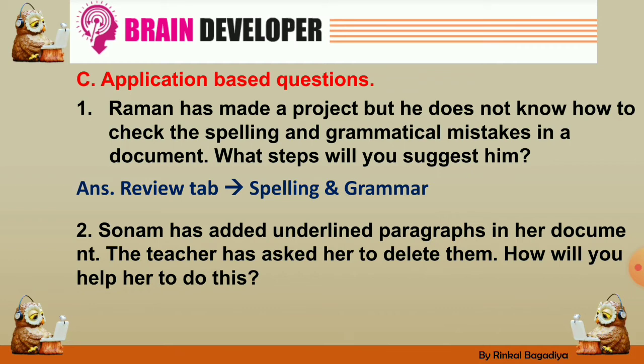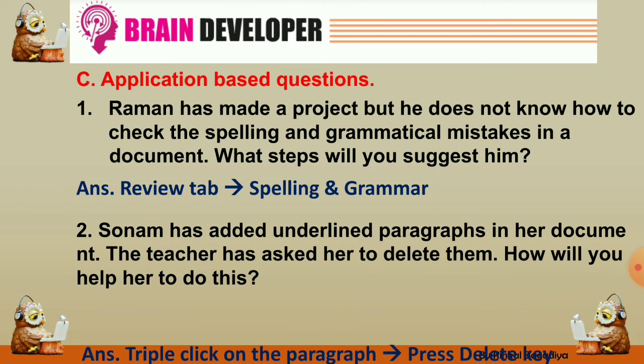Number 2, Sonam has added underlined paragraphs in her document. The teacher has asked her to delete them. How will you help her to do this? Here Sonam added an underlined paragraph in her document and now the teacher has asked her to delete it. So how can she do it?